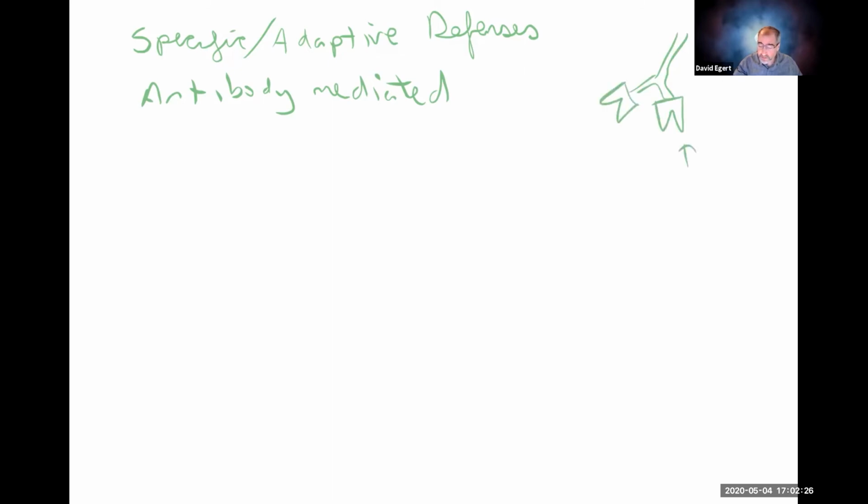So an antibody is just a protein that has this variable region that can have different shapes that recognize and bind the antigen.